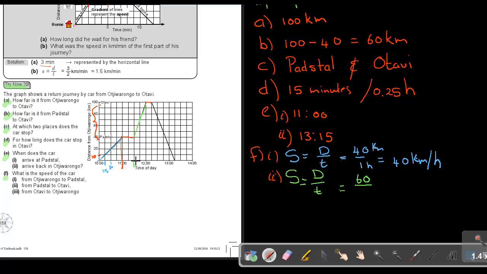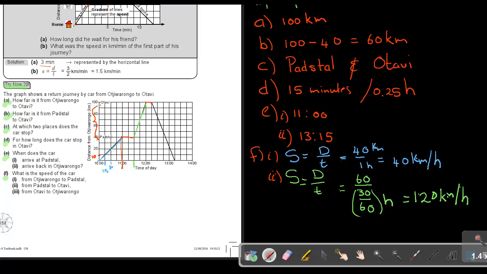Can you see? It's just 2 blocks, so it's just 30 minutes. But you have to express it as hours, so divide by 60. And remember to press it on the calculator. 60 divided by bracket 30 divided by 60, close the bracket, equals, and that is going to be 120 kilometers per hour.